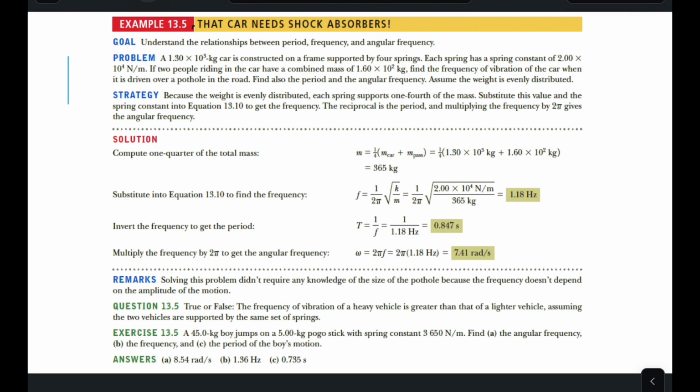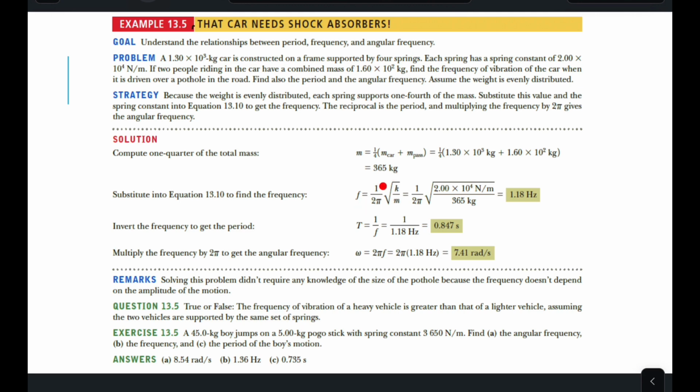Since we have 4 tires, for one system of tire with spring coil, the mass we consider is 1 over 4 of the total mass, which is the mass of the car plus the mass of the passengers. One quarter of the total mass is the effective mass for one spring, equivalent to 365 kilogram.